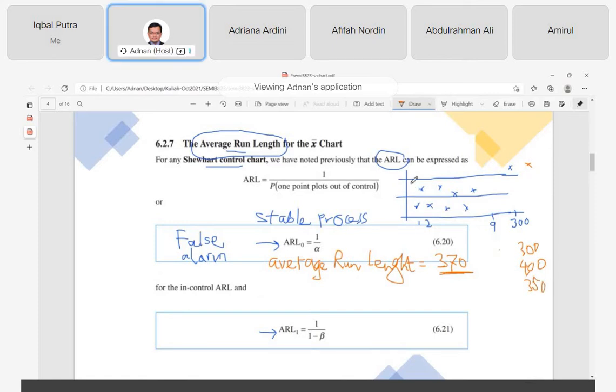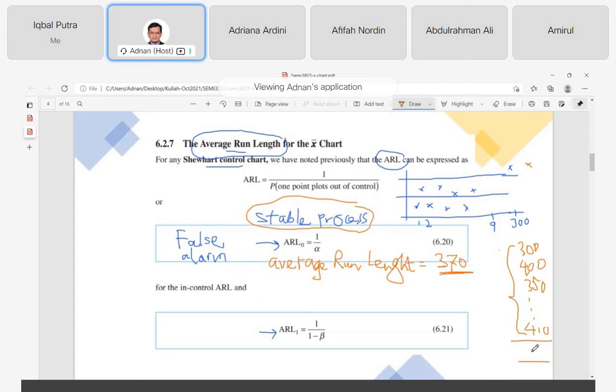The process is stable, so every point is supposed to be inside, but because of sampling, you might have a false alarm. Maybe another one is going to hit at 410, but on average, if we add all these, if we have enough samples, let's say we have run the process 30, 40, 50 times, the more samples we have, the closer to 370.